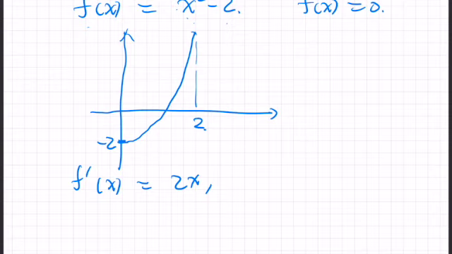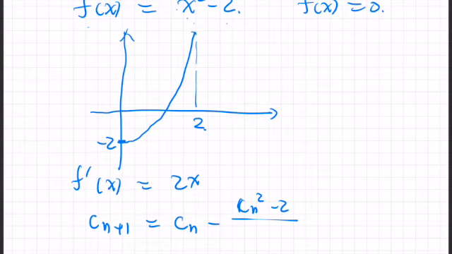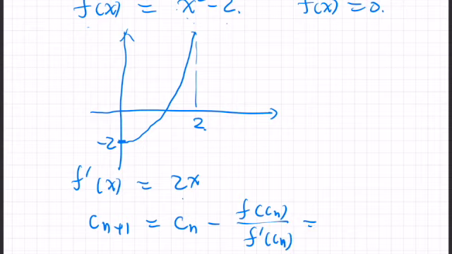So the sequence is defined in this way: Cn minus f of Cn over f prime of Cn, that is Cn minus (Cn squared minus 2) over 2Cn.